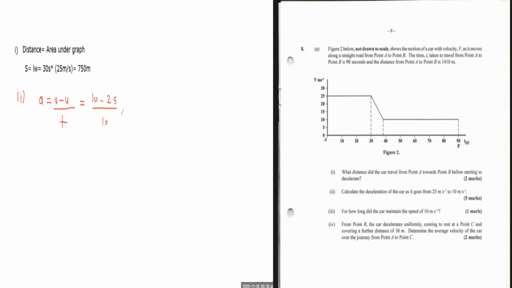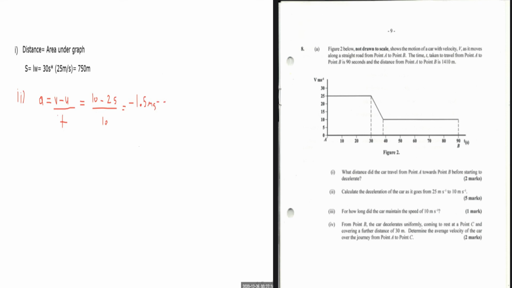So what does that work out to be? 10 minus 25 divided by 10 is minus 1.5. This is the negative acceleration, minus 1.5 meters per second squared.